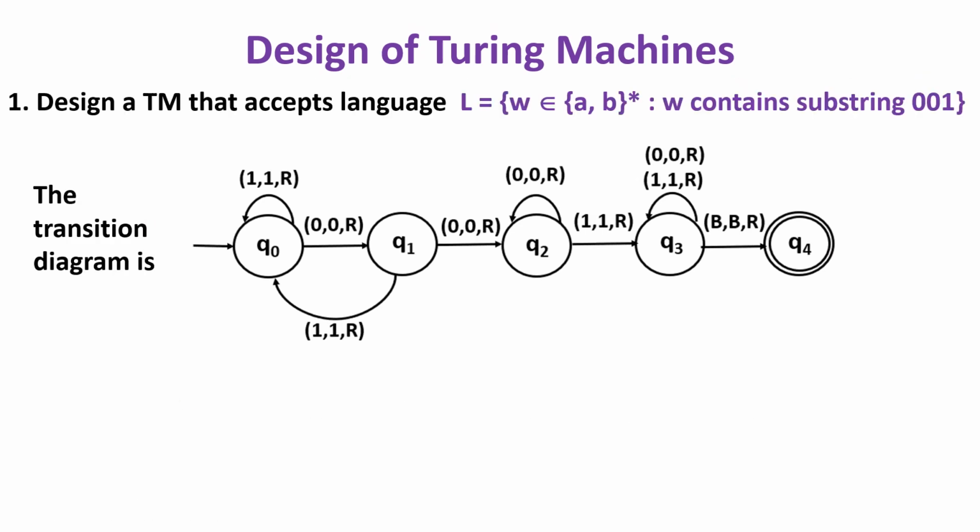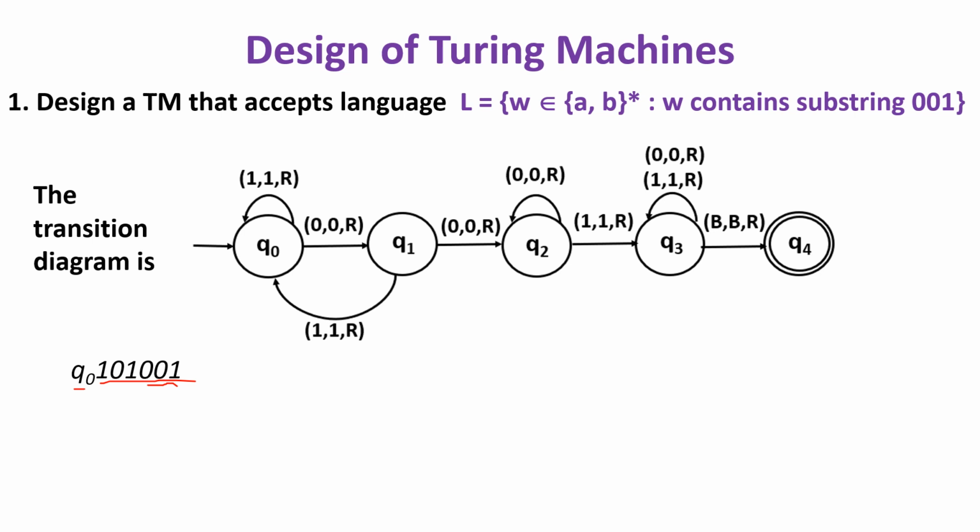So let us check for a given string. Initial state Q0 pointing to the string 101001. This string contains the substring 001. Hence the string must be accepted by the Turing machine reaching the final state Q4.